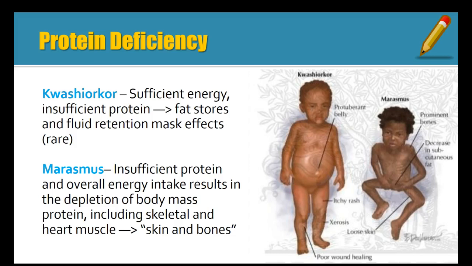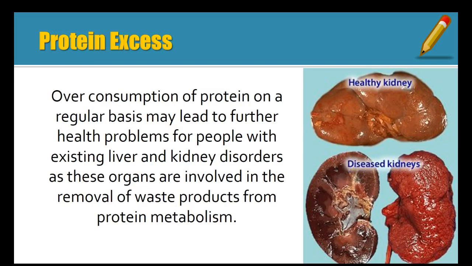So you might see bloating in the belly. And marasmus is insufficient protein and overall energy due to a depletion of body mass. Now, an excess in protein can result in liver and kidney disorders because your body is then having to over process because of all the excess protein that you're consuming.